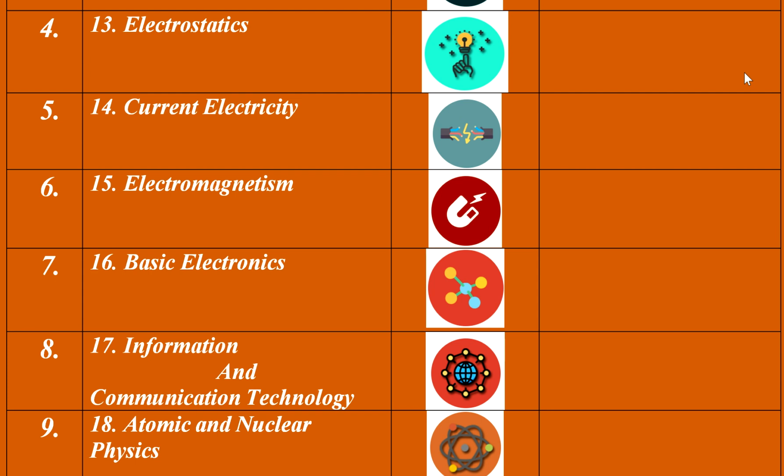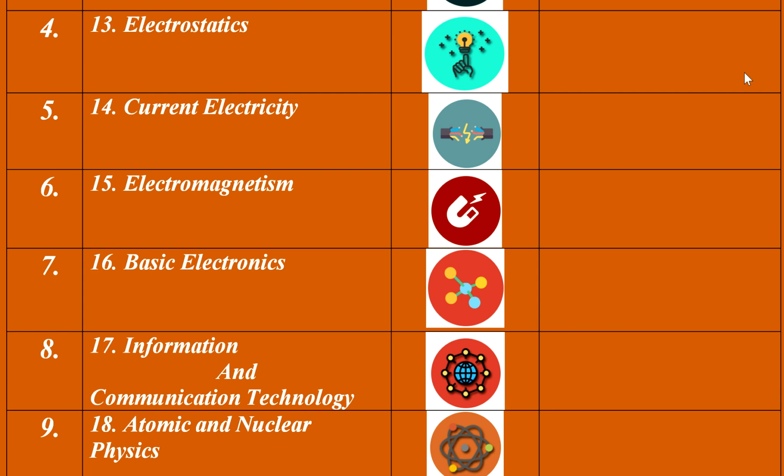The 8th unit is not directly linked with physics, but it is an interdisciplinary unit of computer studies and physics, that is called information and communication technology, where we will discuss the hardware like telephone, like computer, and other means like fiber optics to communicate data or information to far off places.